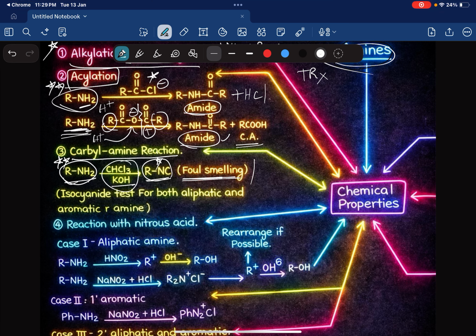Here chloroform and KOH, the same reagent we used in the Reimer-Tiemann reaction, produce a CCl2 intermediate.